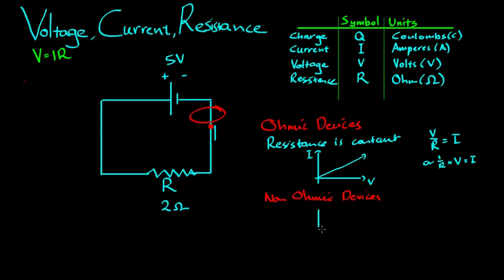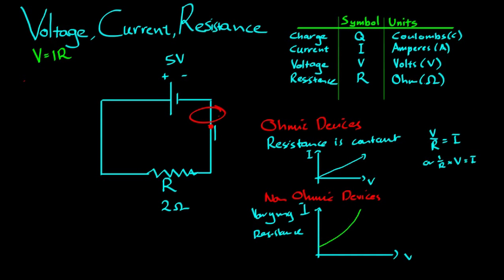A non-ohmic device has a varying resistance. So if I graph now voltage against current, I might get this here, or I could get something like this.